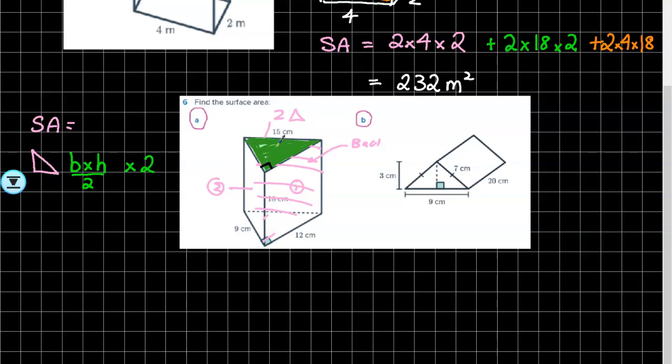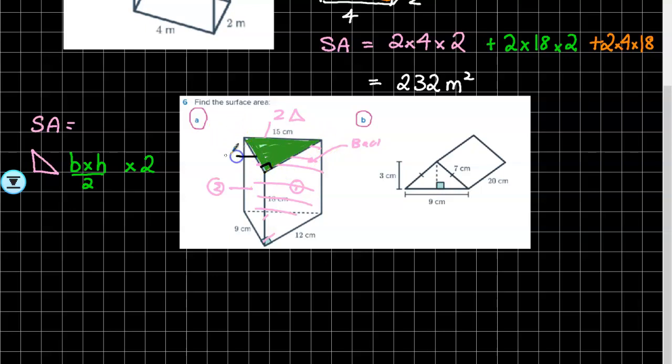Now, the base could be 15. However, if you took the base as 15, what you then need is the vertical height, which would be up there. Do we have that information? We don't. So we can't use that one as the base because we need a 90-degree height. Okay, so could you tip your head to the side a little bit? And if we go, this could be the base and that could be the height, or vice versa. Do we have that information?